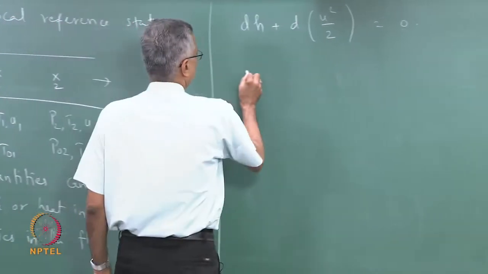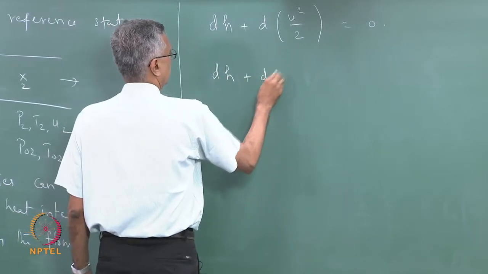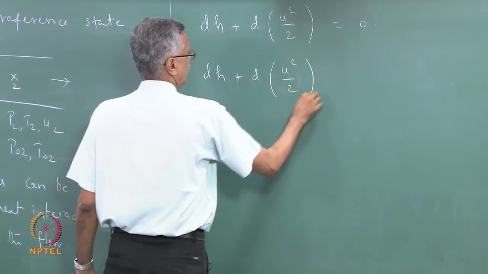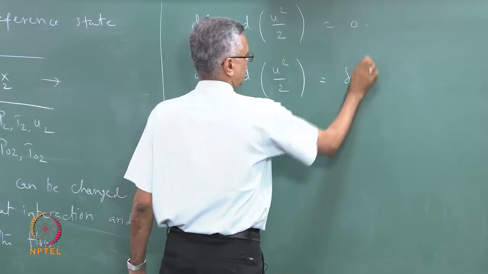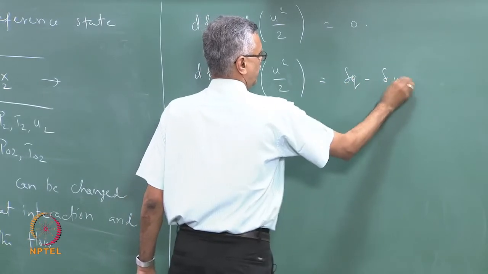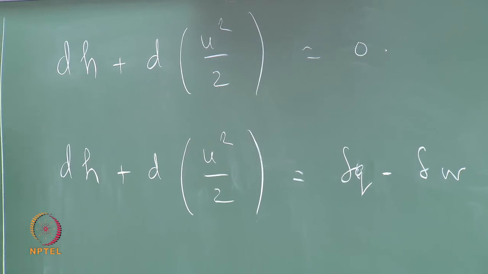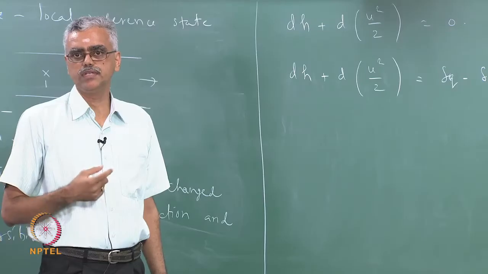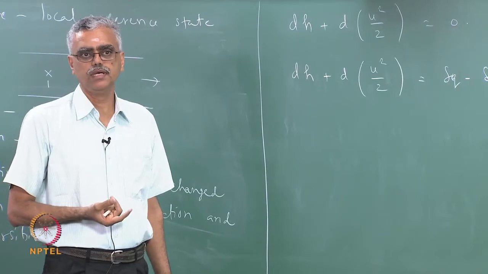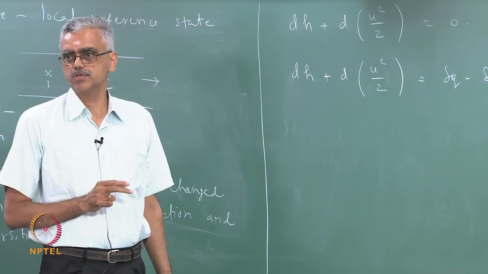For example, if I have heat or work interaction, then I would write this energy equation as delta Q minus delta W, where we are following the usual convention in thermodynamics that heat given to a system is positive and work done by a system is positive.